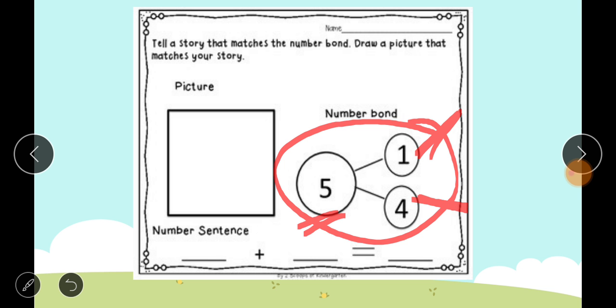That means this is the big number, this number and this number. 1 and 4 are coming together to make up 5, to compose 5. So now we want to solve story problems. Tell a story that matches the number bond. Draw a picture that matches your story. Now what story can you tell with this number bond?